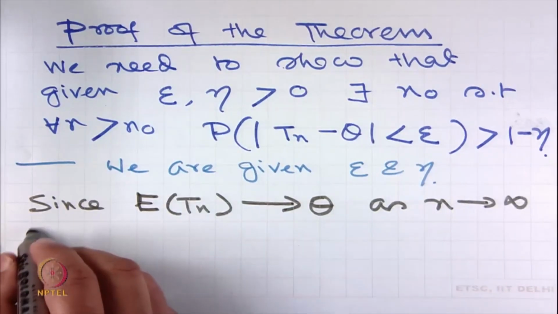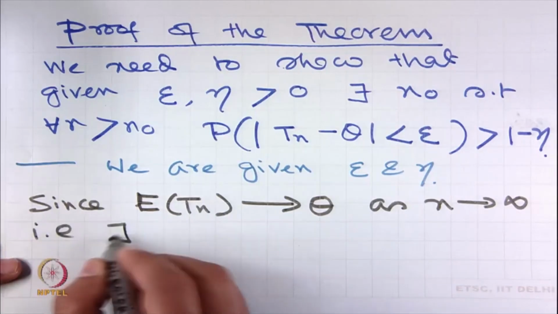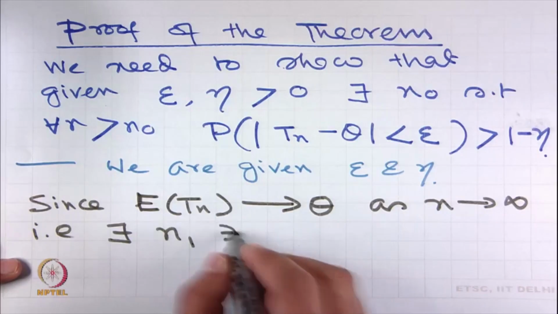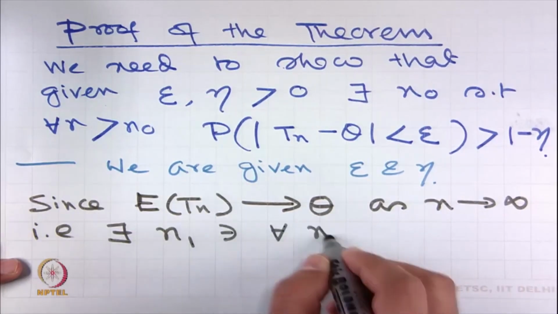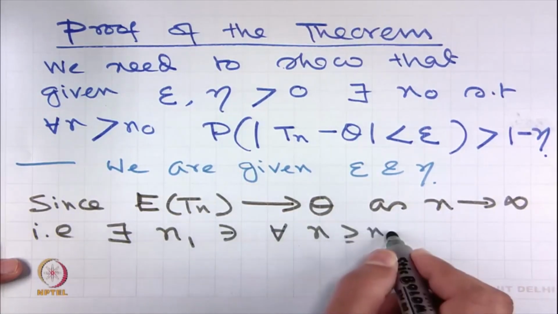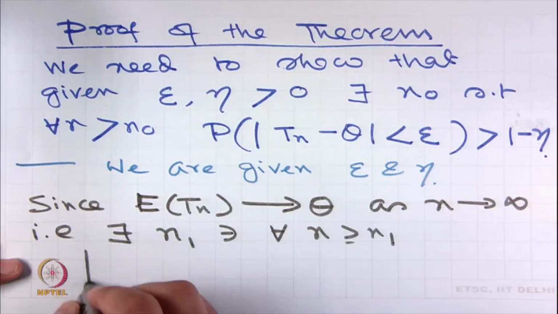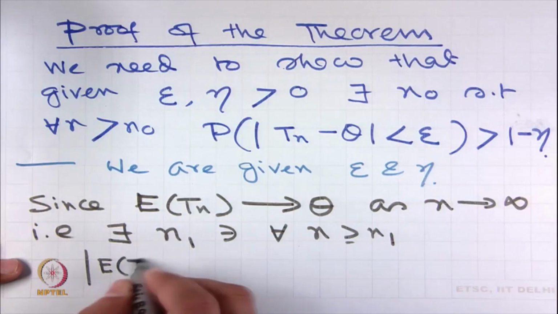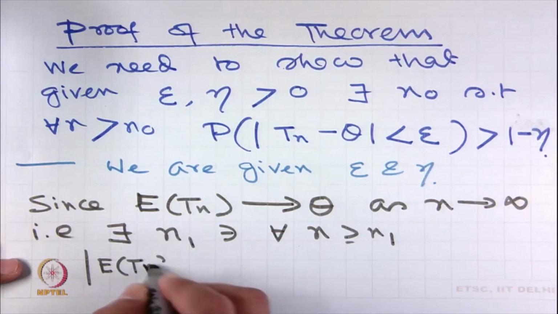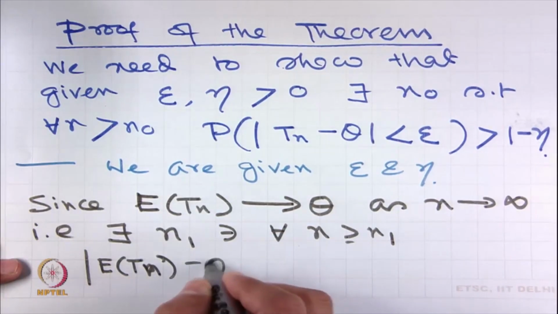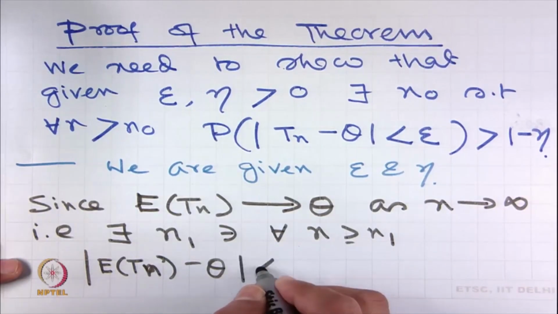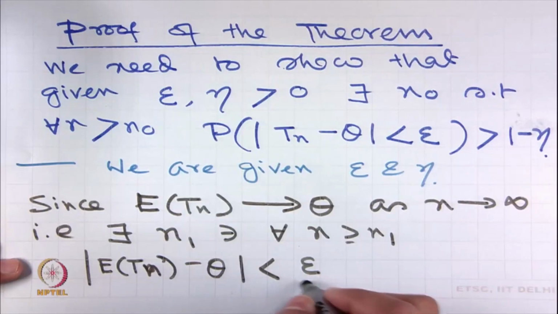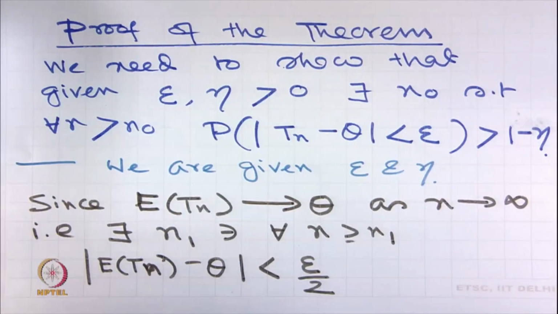That means, there exists n 1 such that for all n greater than equal to n 1, modulus of expected value of T n minus theta is less than epsilon by 2.